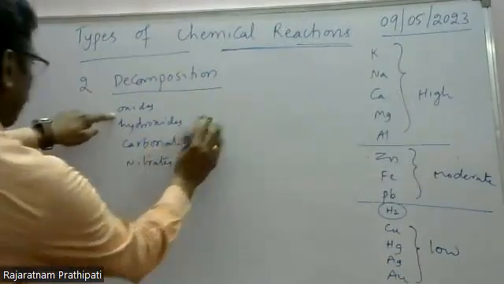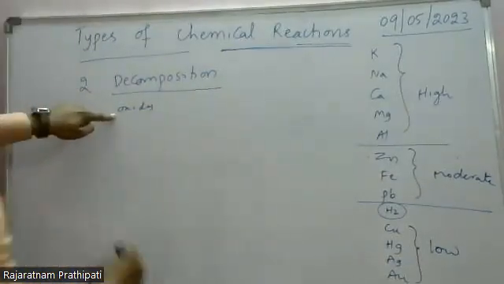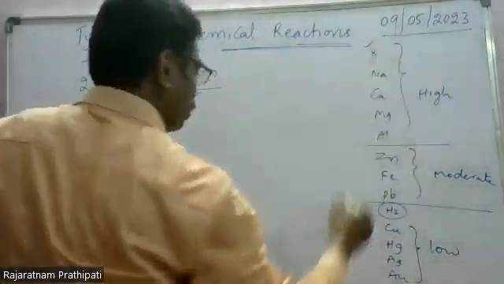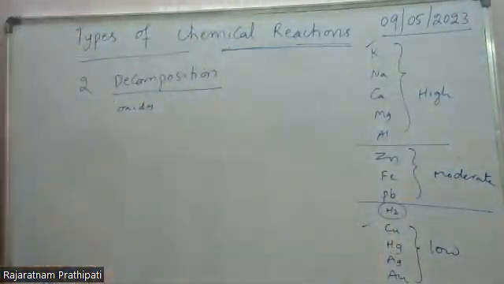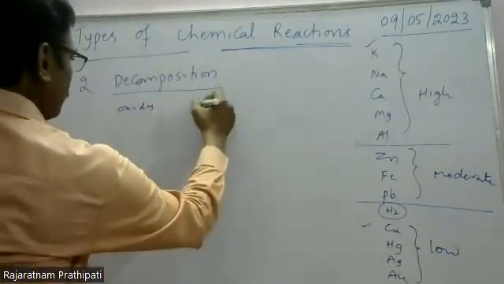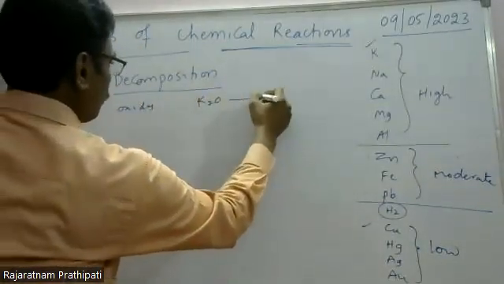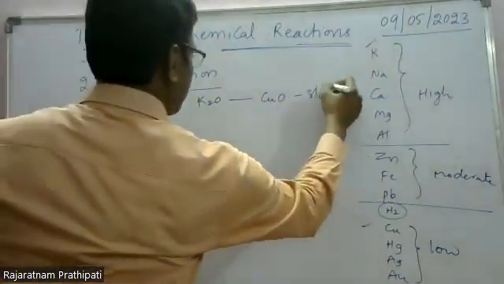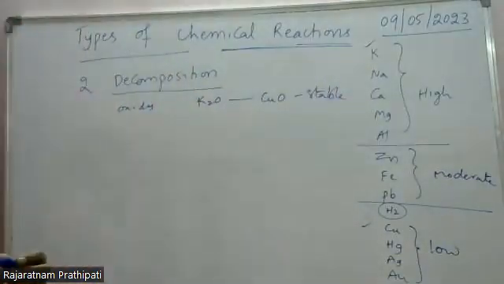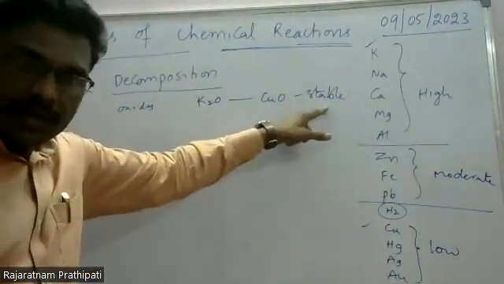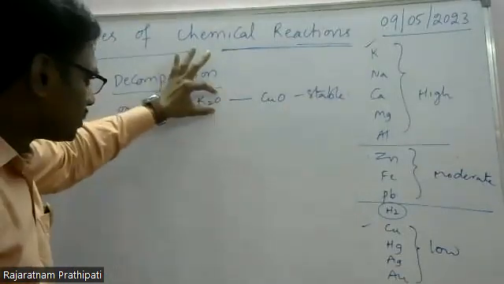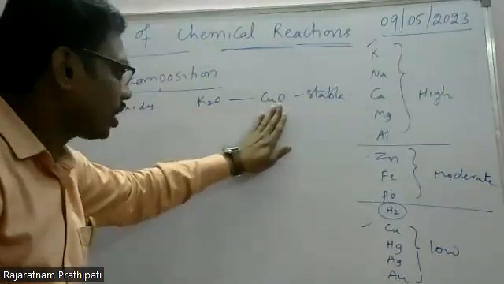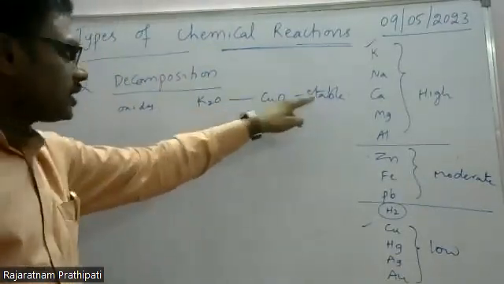Now if you observe the metal oxides, from potassium to copper, from K2O to copper oxide, these are stable oxides, thermally stable oxides.